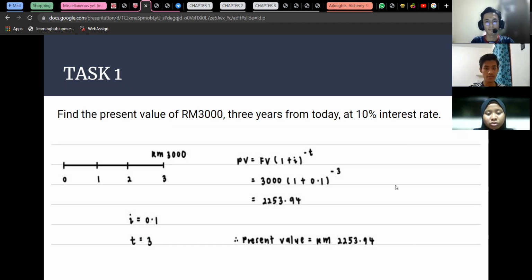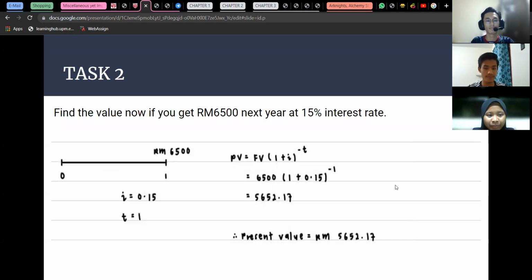Present value equals to FV, future value, in bracket 1 plus I to the power of negative T. So after we key in the data that we get, we will get the present value equals to 2,253 ringgit and 94 cents.